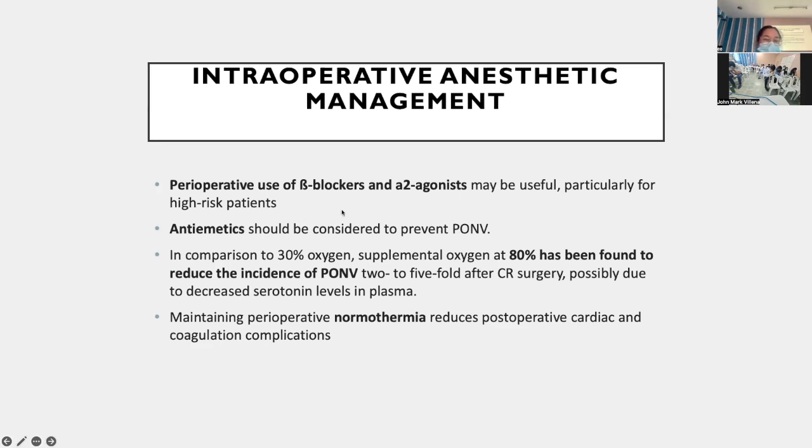So perioperative use of beta blockers and alpha-2 agonists may be useful, particularly in high-risk patients undergoing colorectal surgeries, if indicated. Clonidine, methyldopa.